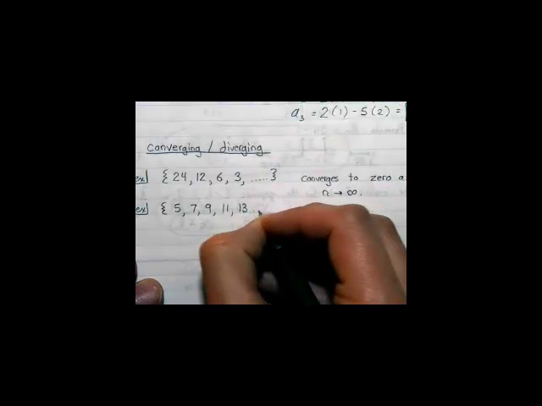Goes away from, okay? So if I had one like this, let's say, 5, 7, 9, 11, 13. What's going to happen with this one as I continue to go if I let n go to infinity?